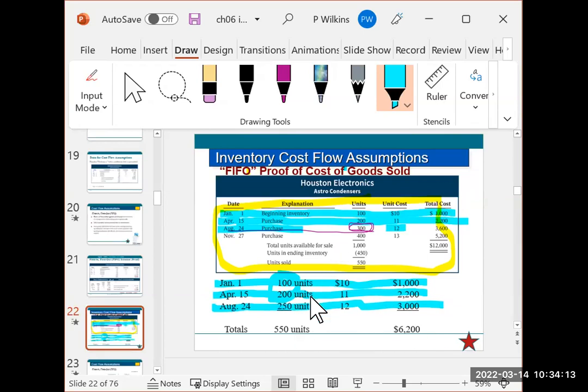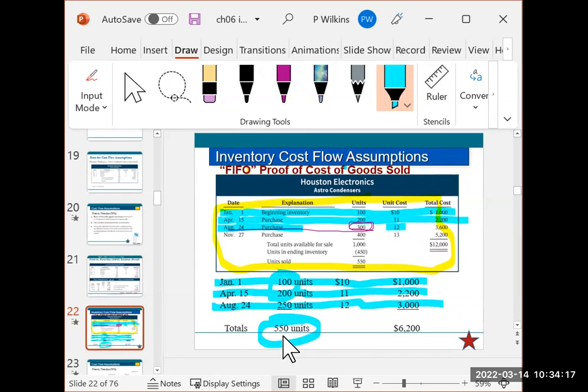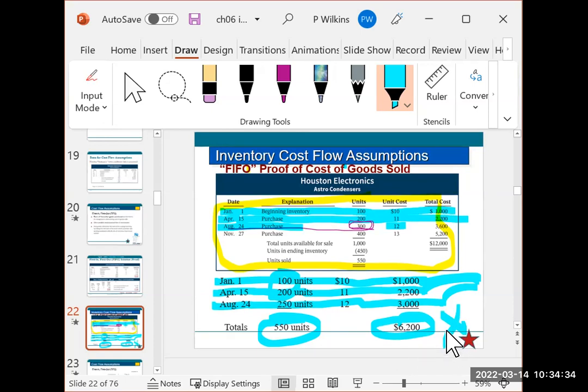Now I know that I have a total of 550 units: 100, 200, 250 is 550. So I add up the costs of 1,000, 2,200, and 3,000, and that gets me to $6,200. And that is what we showed on the other page. So we just proved our $6,200 cost of goods sold is correct.